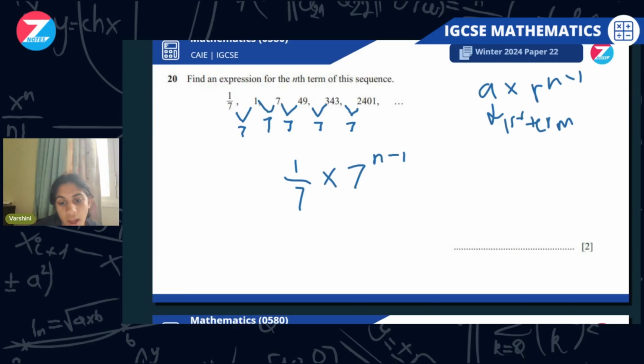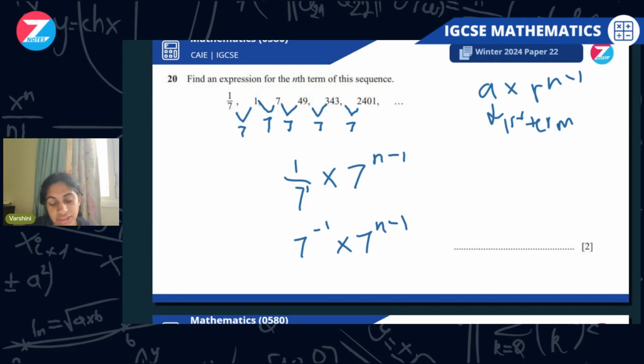We can't leave it like this, because 1 by 7 is nothing but 7 to the power minus 1, according to the exponent rules. So it's 7 to the power minus 1 into 7 to the power n minus 1.